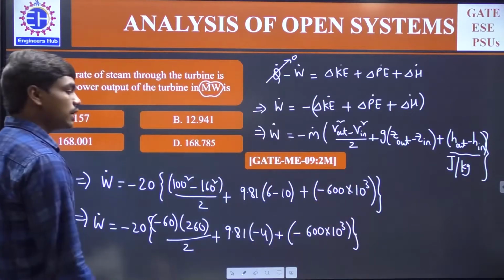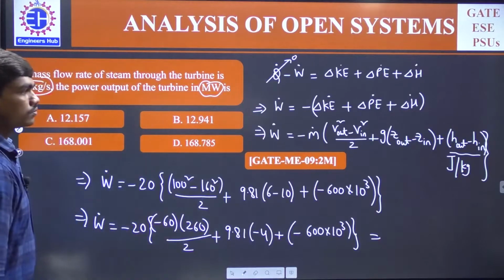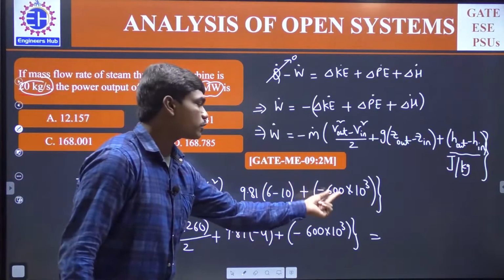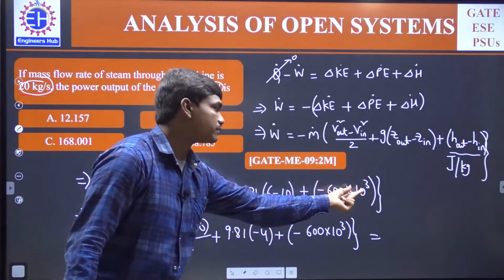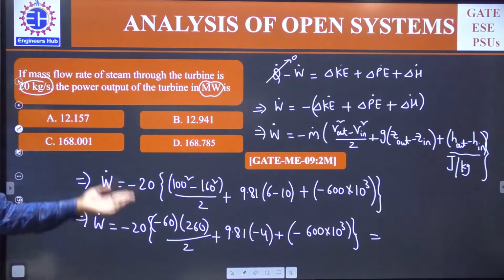So this is the value that we need to calculate. 10 power minus 3, why? This is in kilojoules per kg, and to convert kilojoules per kg into joules per kg, we need to multiply by 10 cube. Okay? So please evaluate this value.